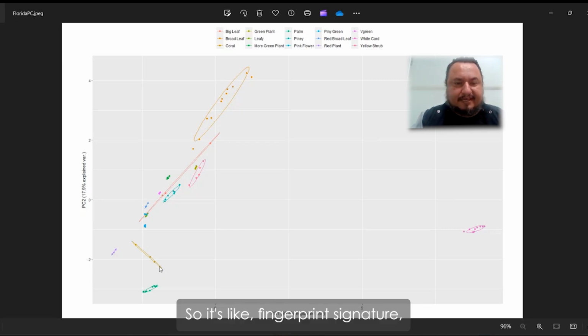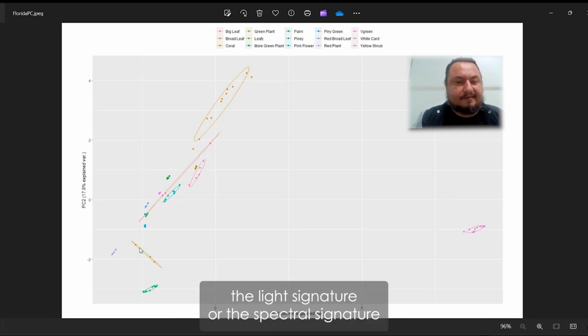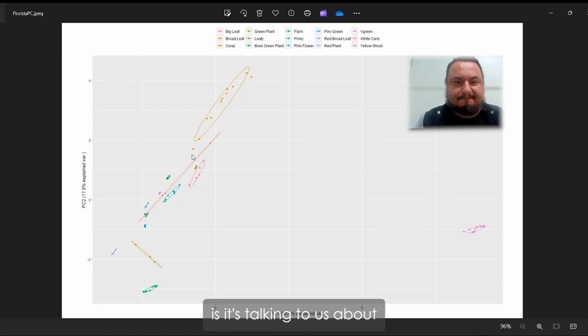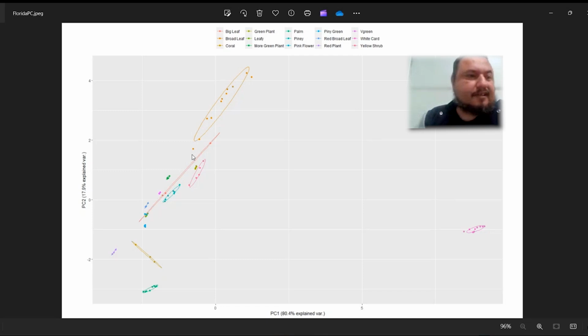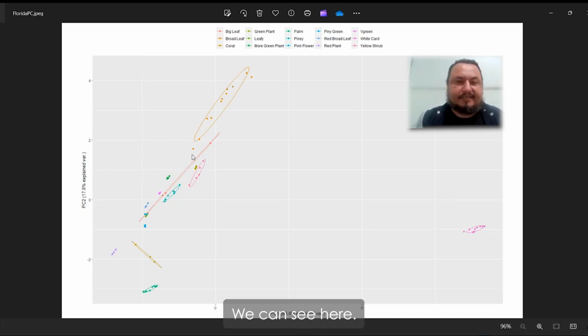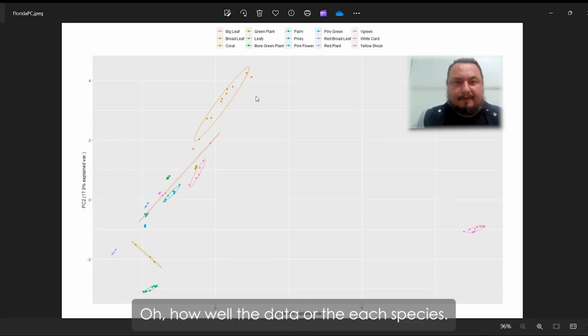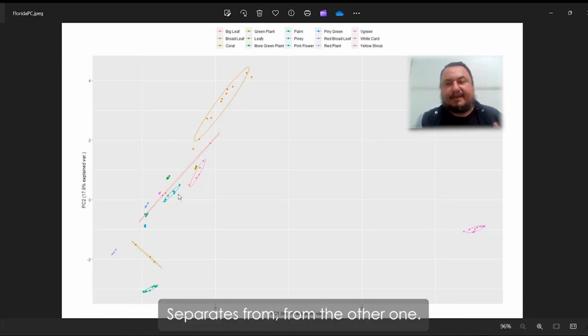So it's like a fingerprint. The light signature, or the spectral signature, is telling us about one species specifically. So that is great. We can see here how well each species separates from the other.